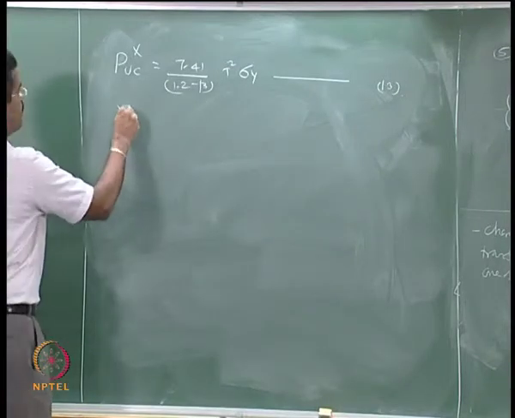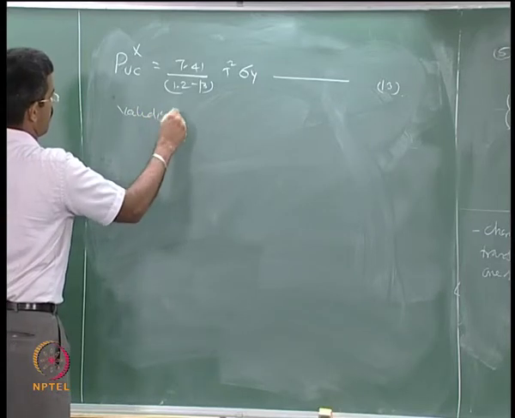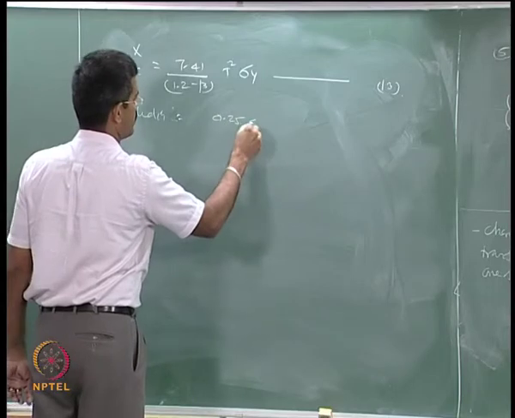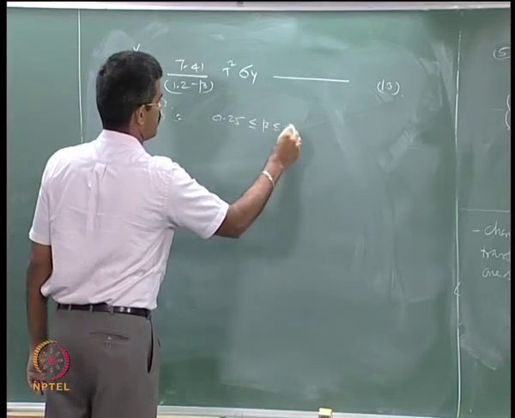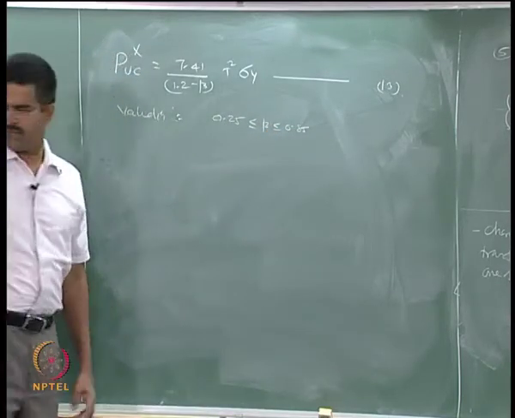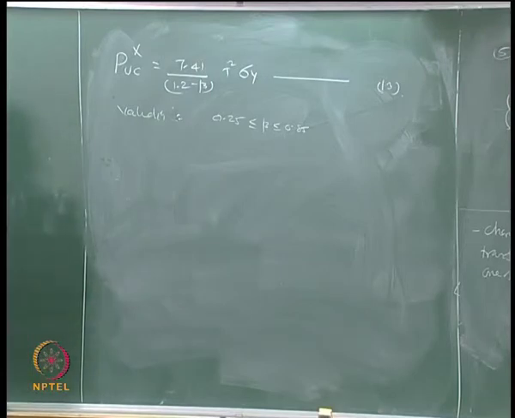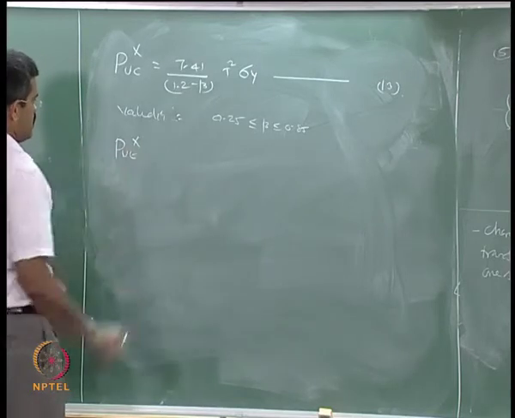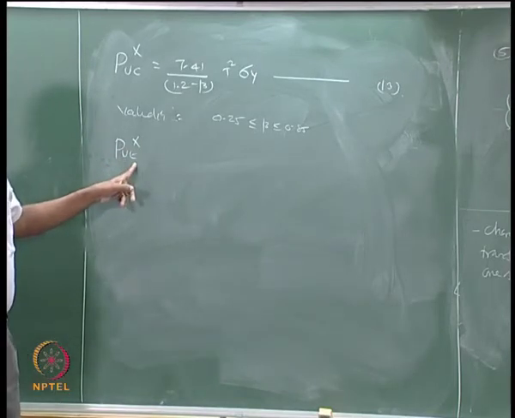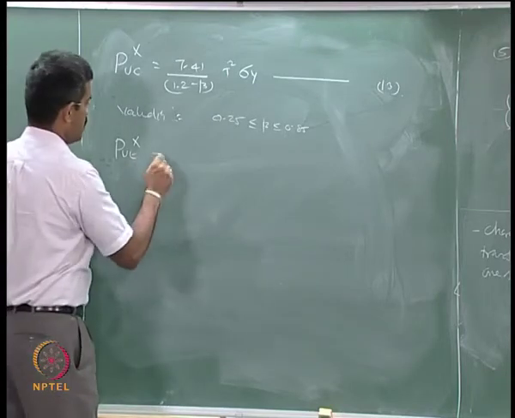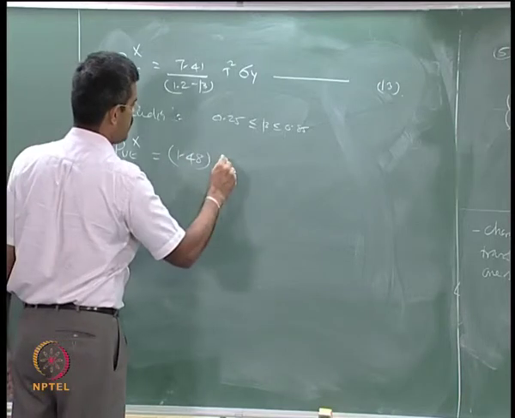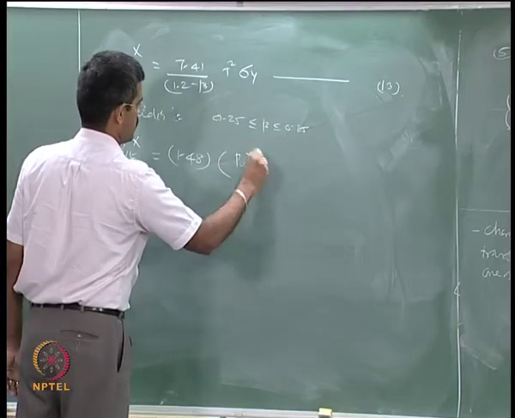Whereas the validity is 0.25 to 0.85, and the ultimate strength in tension of an X joint is simply a factor of 1.48 to be multiplied with PUCX.